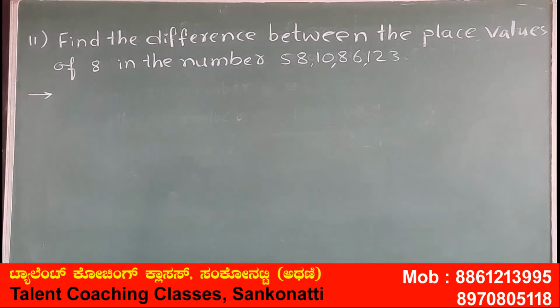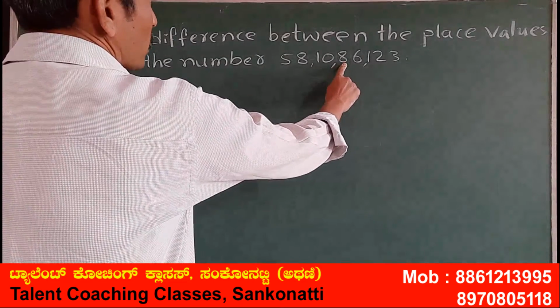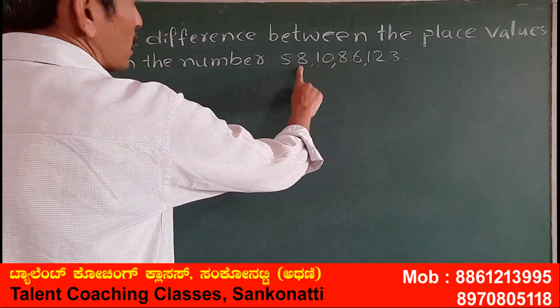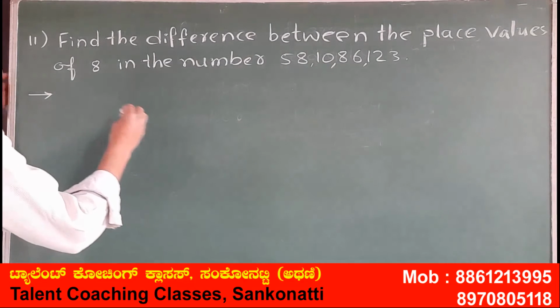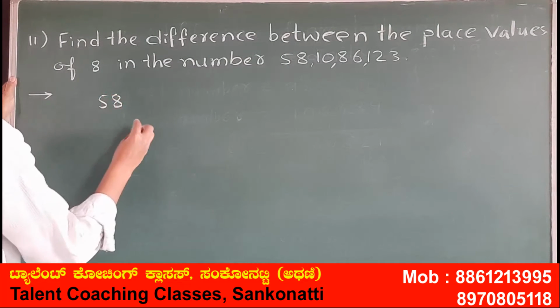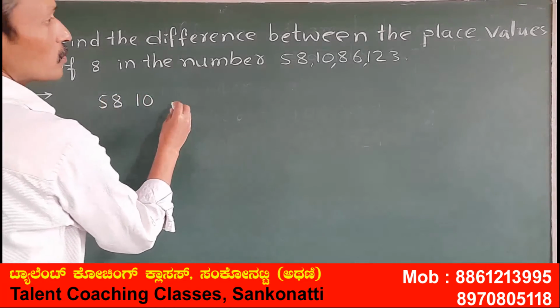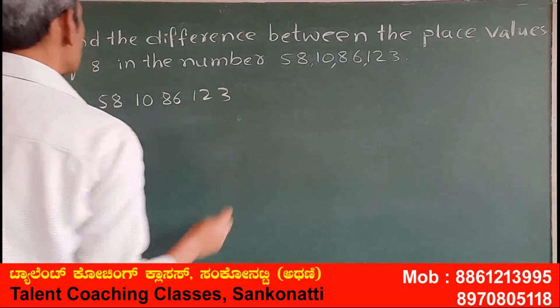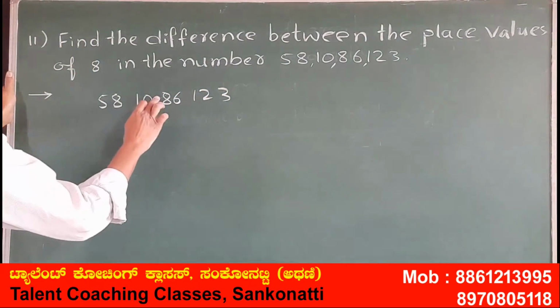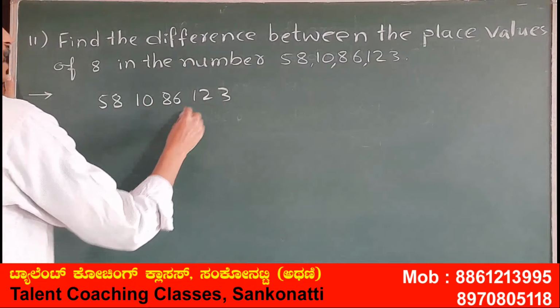Next one, the 11th: find the difference between the place values of 8 in the number 58108612, that is 58 crore 10,86,123. In this number we find the place values of the 8s, one in the 10,000 place and one in the crore place. So we subtract the place values of these two to get the difference. 58108612 is the number given here.